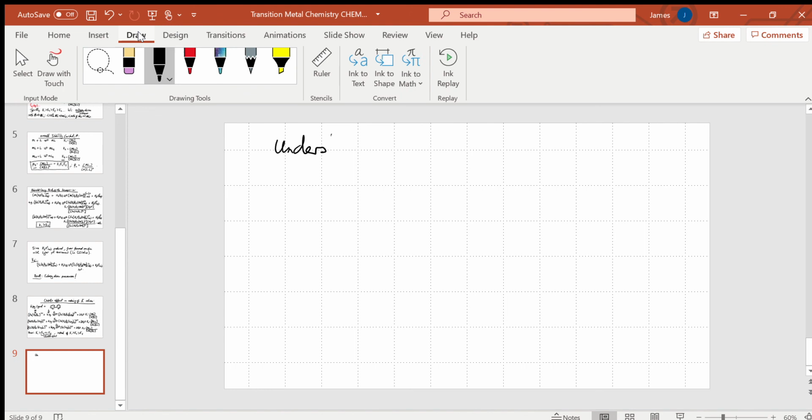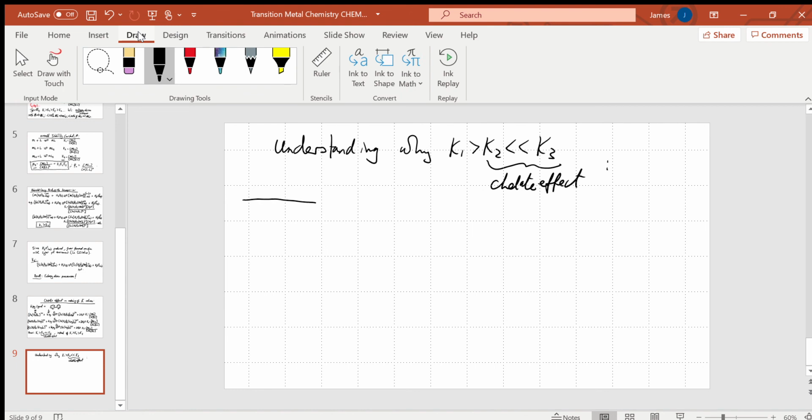So I'm going to call this understanding why K1 was greater than K2, but they were both a lot less than K3. So understanding this chelate effect. Okay.